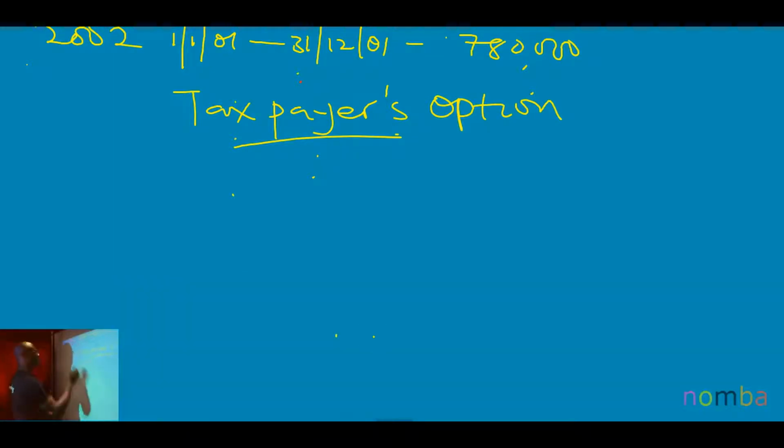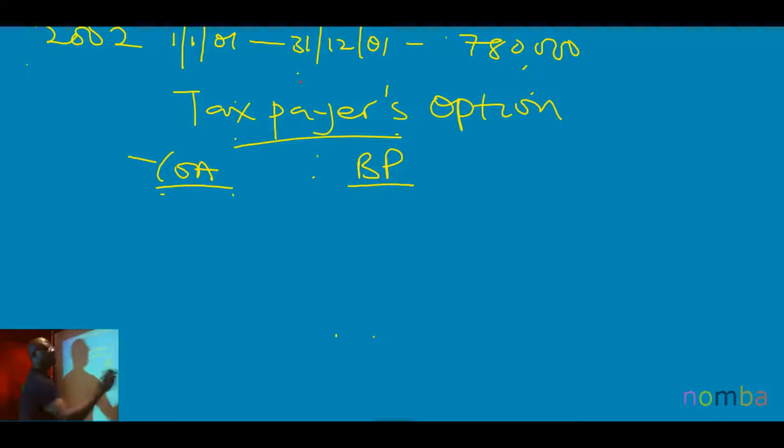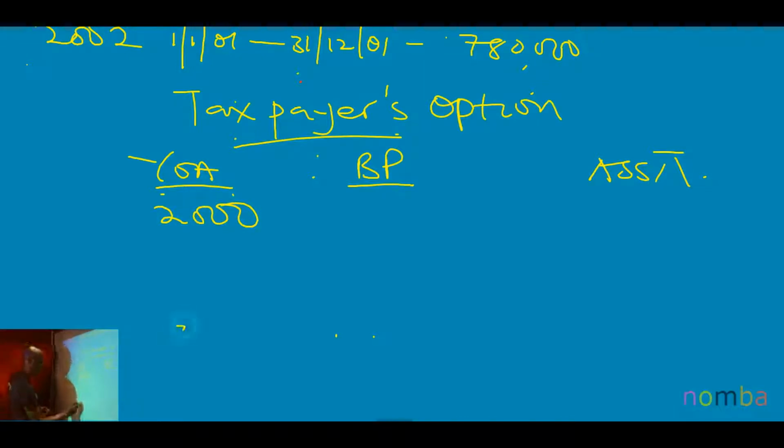So it's going to be YOA, basis period and then assessable profits. For my YOA, I'm looking at 2000 being the second year, and 2001. Those are the 2 years I'm interested in.